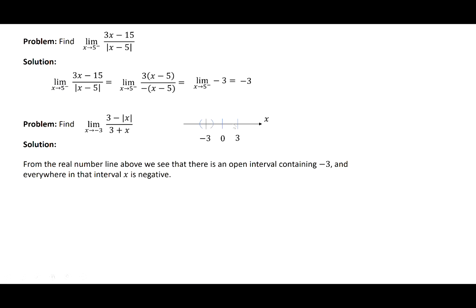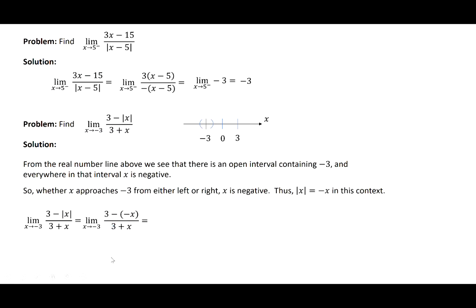Of course, if you went farther away, you'd get positive 1, 2, 3, and so on, but we are talking about x approaching negative 3. So there is this interval surrounding it where x is actually negative. So we can replace the absolute value of x with negative x in this case. And so this simply becomes 3 plus x over 3 plus x, which is 1.